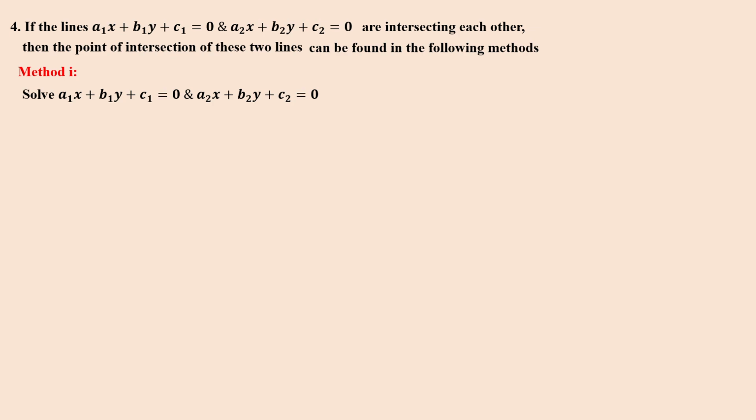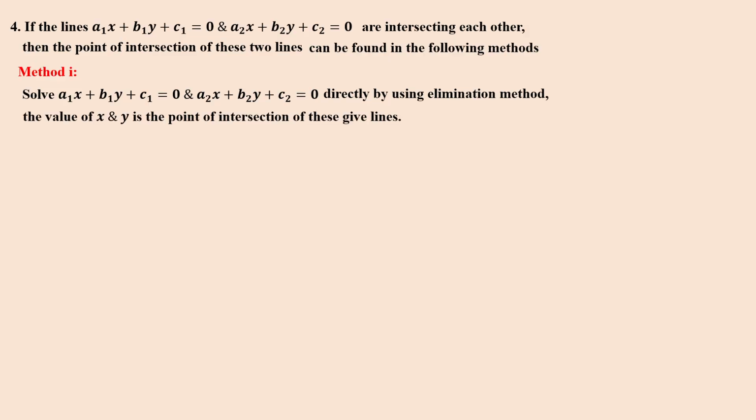There are many solving methods. First we use the elimination method, which is the basic method. We solve for x and y, and the values of x and y are nothing but the point of intersection of the given two lines.